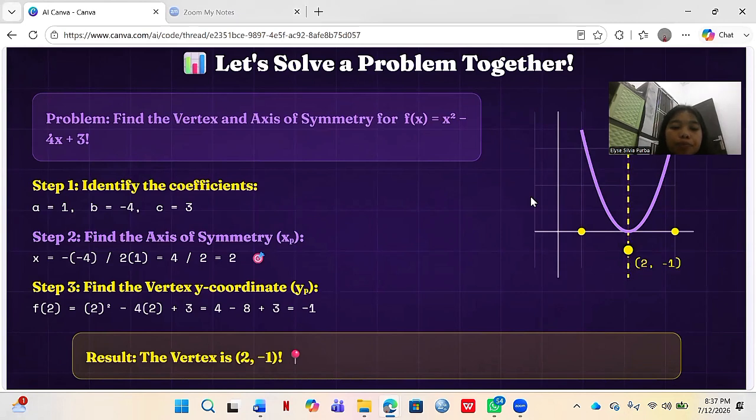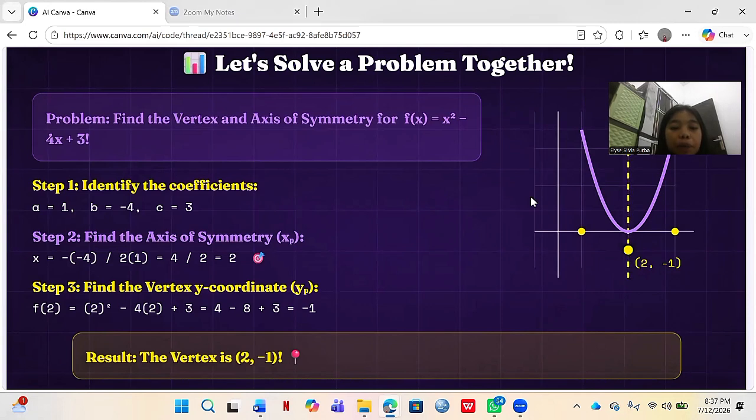Step 2. Calculate the axis of symmetry. Minus minus 4 is 4, divided by 2 is 2. So, x equals 2.